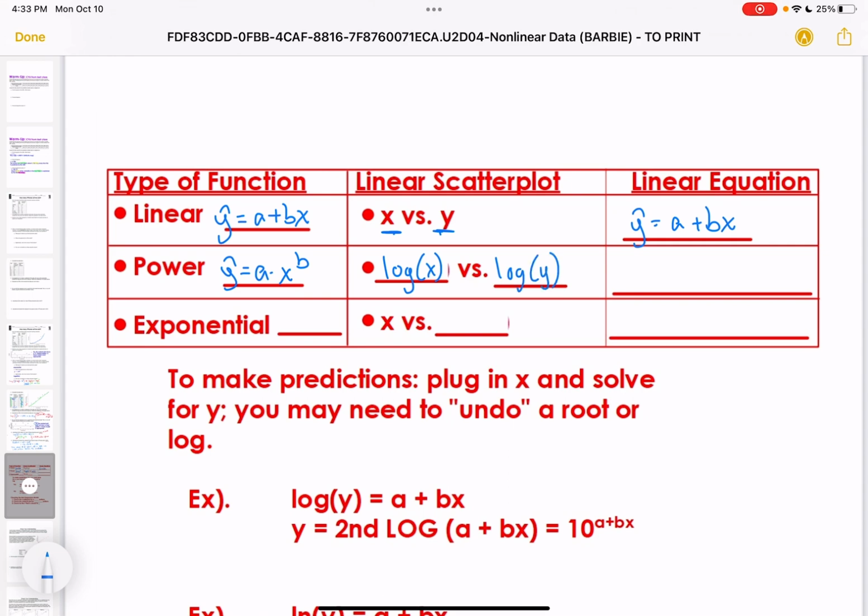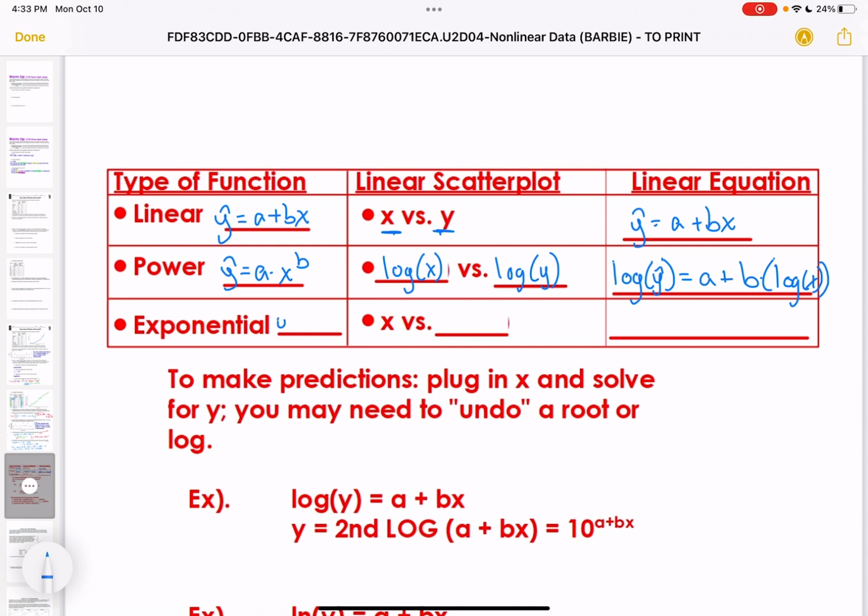So we're taking the log of both, which means that now my equation is log of y hat equals a plus b times some value log of x. So it's really important that you understand that's our new equation there that we would use to transform into linear.